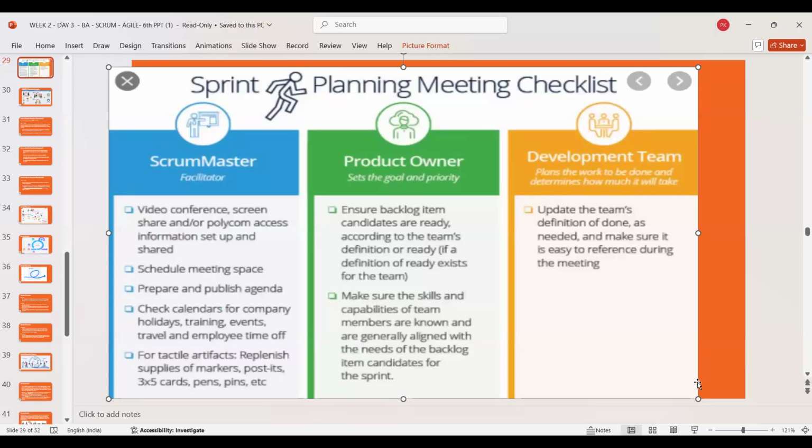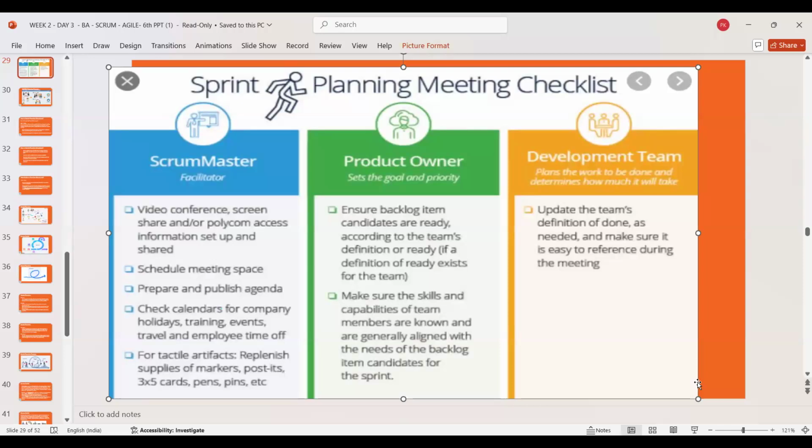For the requirements that we will be working on, is our team capable technically? I'm pretty sure you got confused with the last couple of words, so let me rephrase. The first part being the same, our team should be generally aligned with the needs of the requirements to be worked upon in the current sprint.